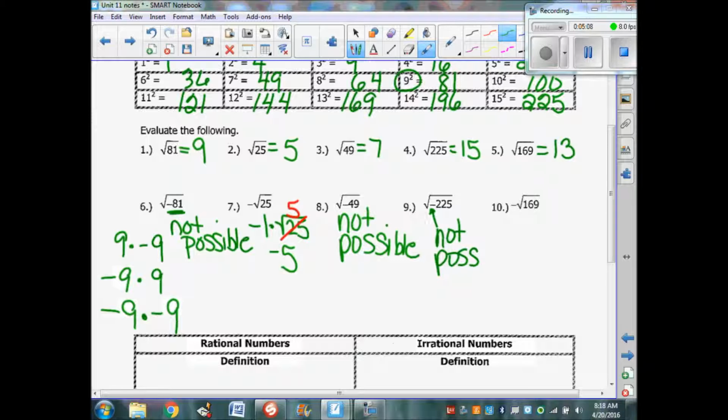Not possible. But in number 10, the negative is outside the radical, so that's like saying negative 1 times the square root of 169. And you know that the square root of 169 is 13, so negative 1 times 13 is negative 13.